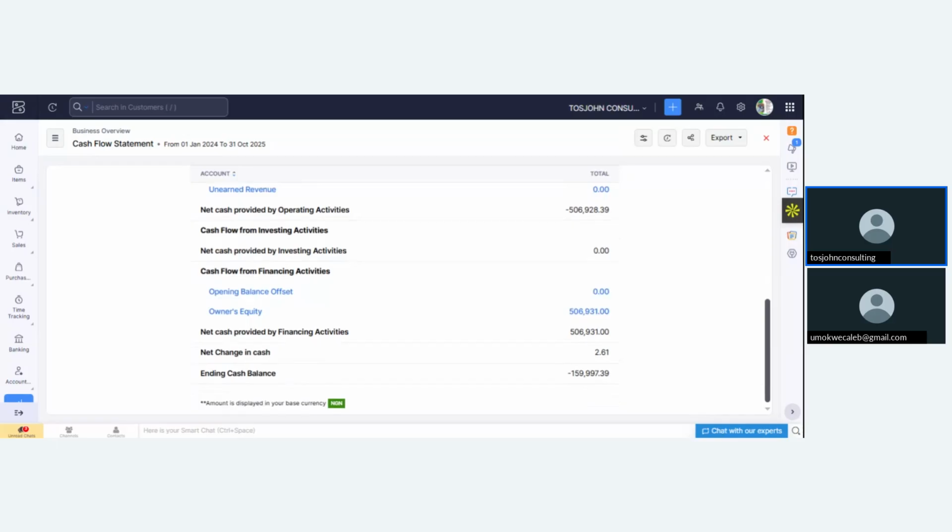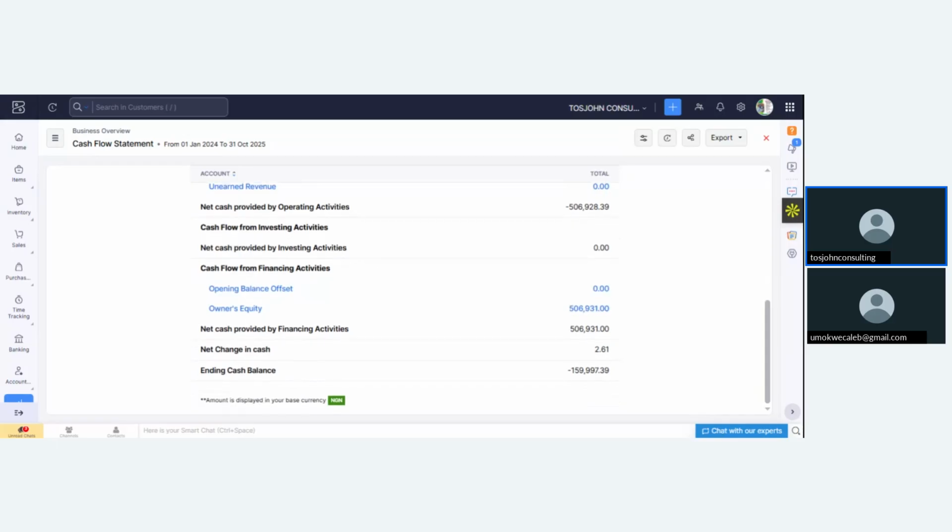Then the last segment, which is the third segment of the cash flow statement, is what we call financing activities. Finance is the money that you bring into the business to run your business. How did you get the money? Is it from the capital, from owner's equity, the money that the owner himself brings into the business?